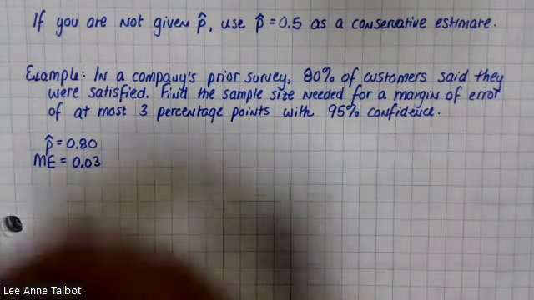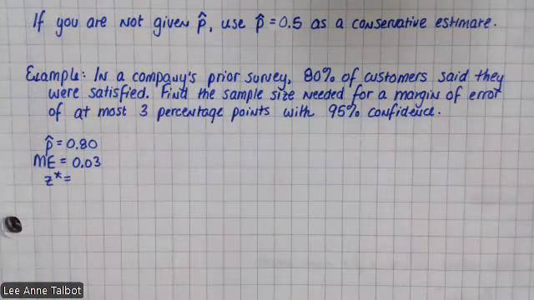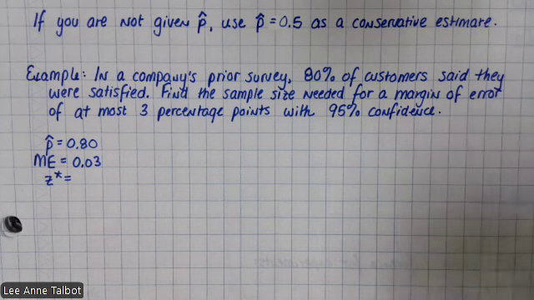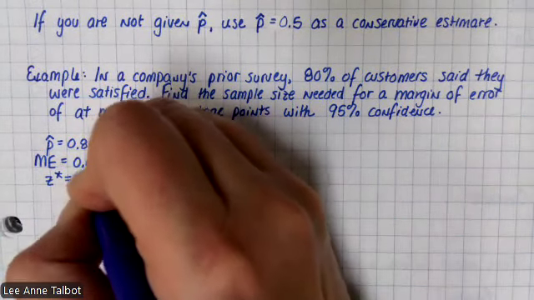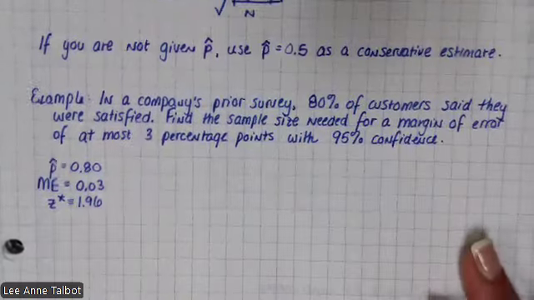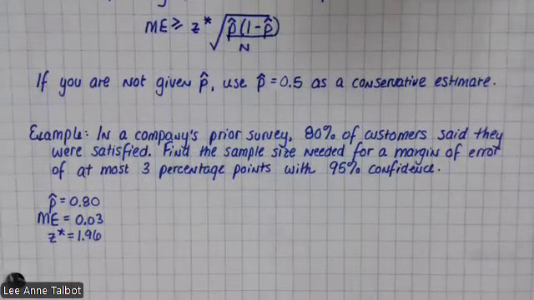With 95% confidence, what is the Z star for 95% confident? 1.96. Do we need to go over how to find that? Okay, so plug in all of those things into this formula.